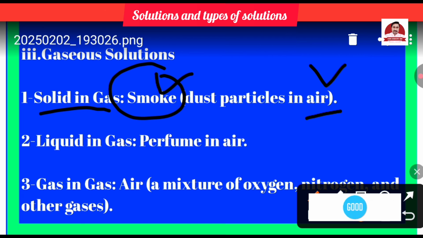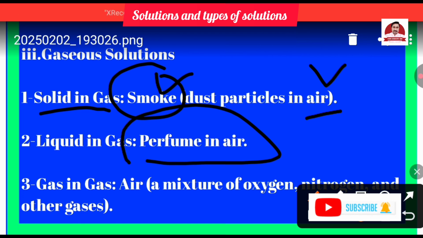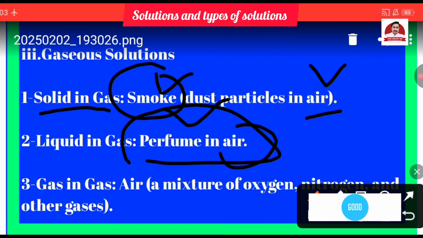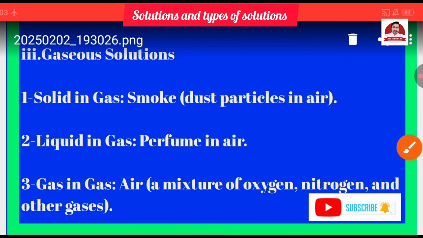Liquid in gas, that is perfume in air. When we spray perfume, the liquid particles of perfume are the solute and the air is the solvent. Gas in gas, a mixture of two gases.